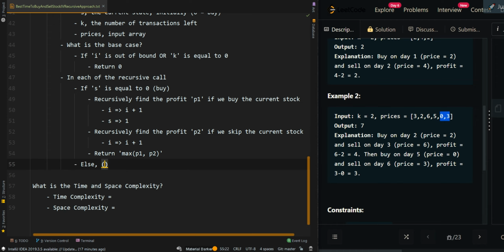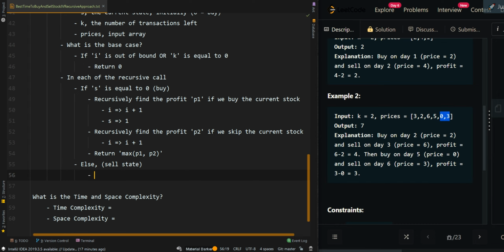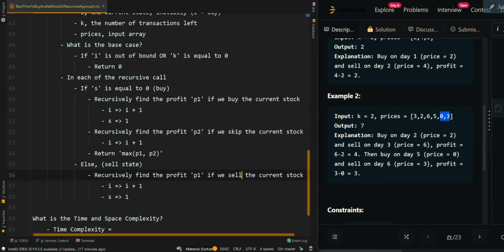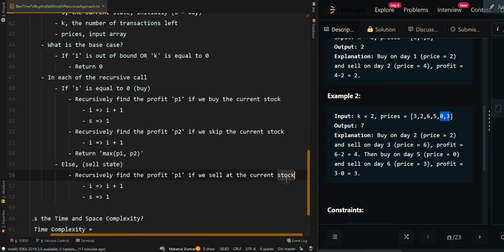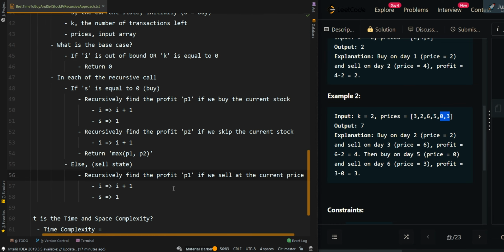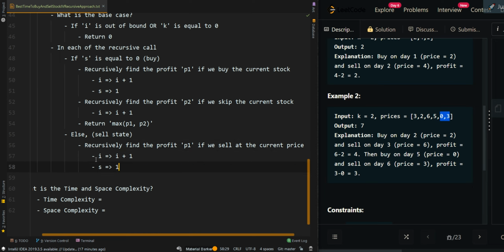Else we are currently in the sell state. We're going to recursively find a profit if we sell at the current price. If we sell at the current price, our index still moves forward, our state goes back to 0 because we want to go back to our buy state again.